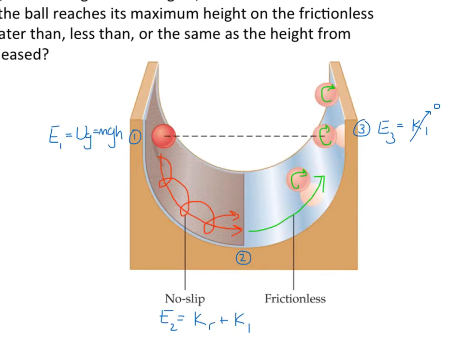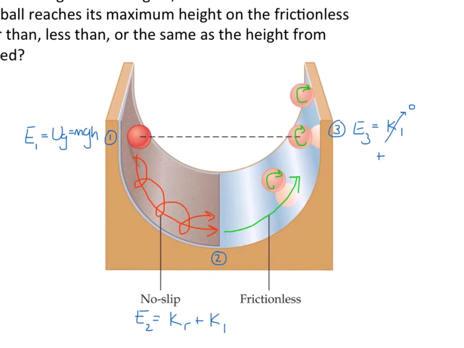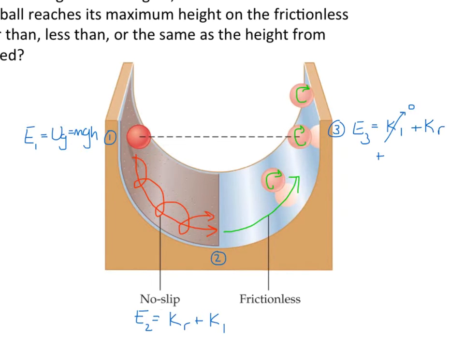But it still has rotational kinetic energy. It's still rotating because of this frictionless surface. Even though the ball is slowing down linearly, it's not causing the ball to slow down rotationally, and so it still has that rotational kinetic energy.